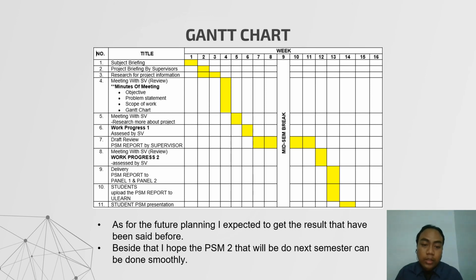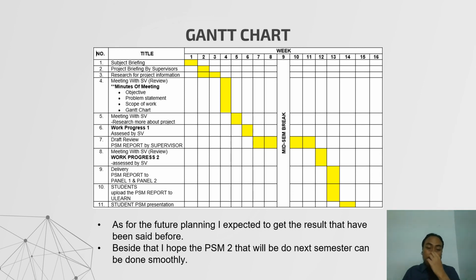For the next slide, this is the Gantt chart. This is the progress that we made for PSM1 from week 1 to week 14. For the future planning, I expect to get the results that have just been mentioned before, so that I will have no problem in doing it.